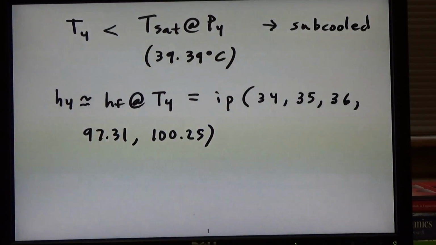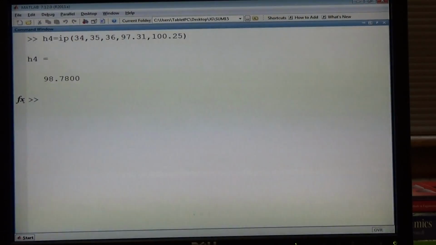So there is H4. Let's go ahead and calculate H4 real quick. Interpolation, 34, 35, 36, 97.31, and 100.25. So we end up with 98.78.